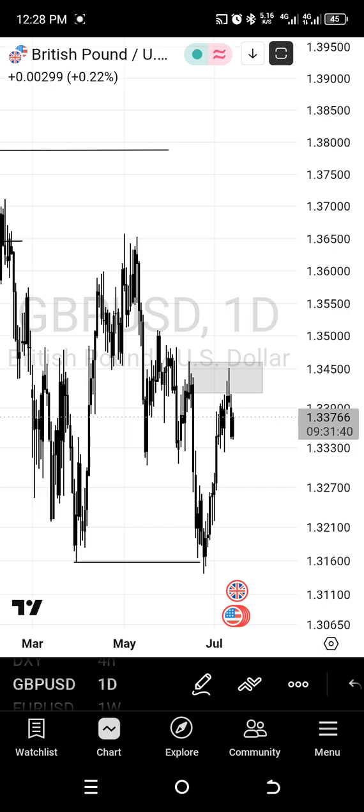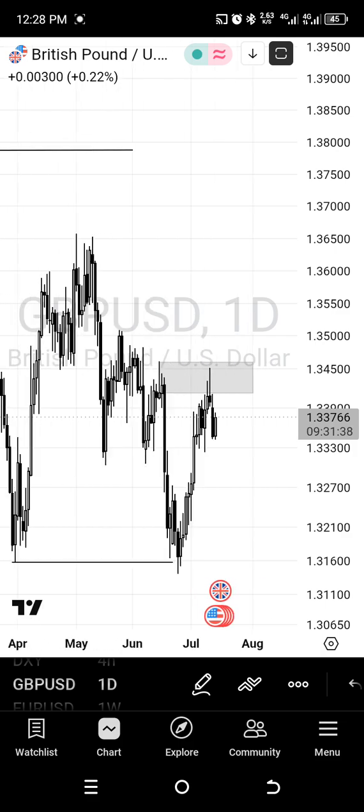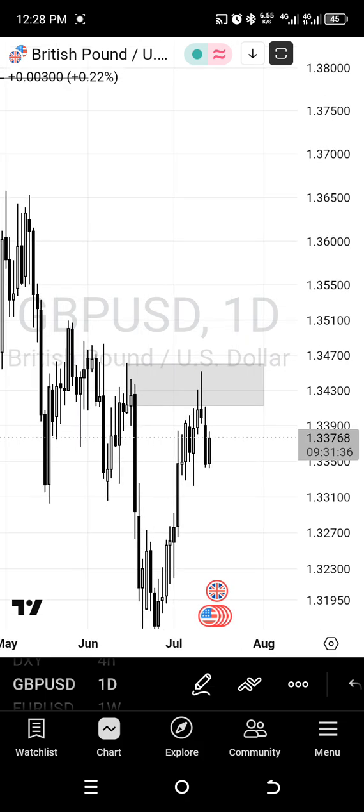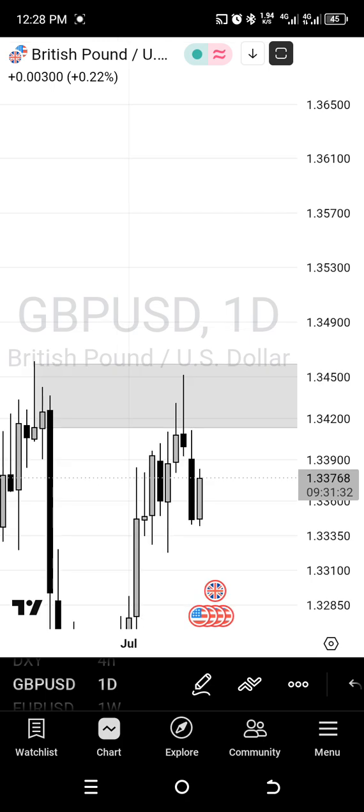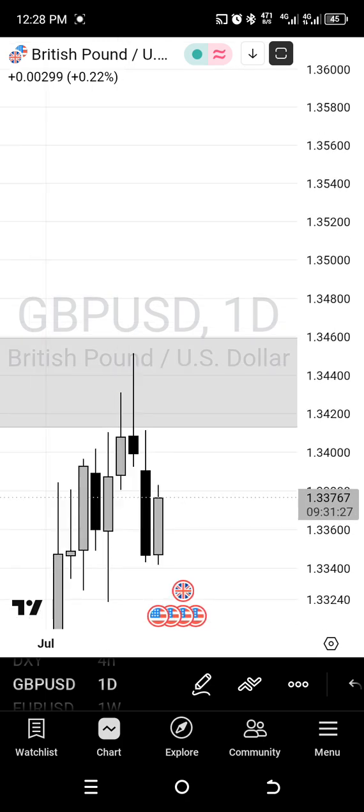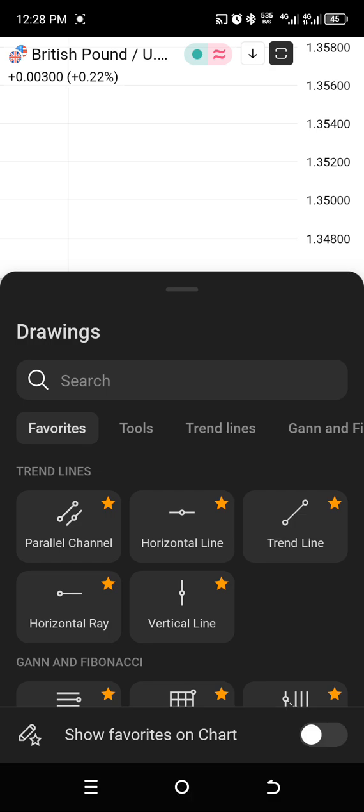With that said, on this particular order block, I'm going to be mapping out my candle range theory, and then I'm going to be looking for potential trading opportunities which I can trade on the lower time frame.